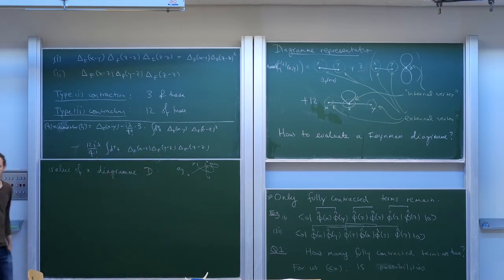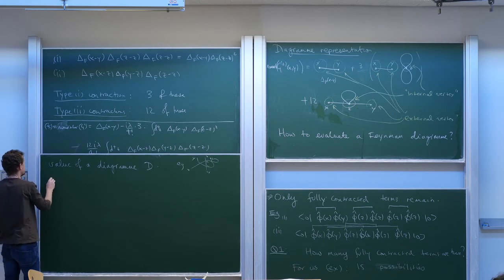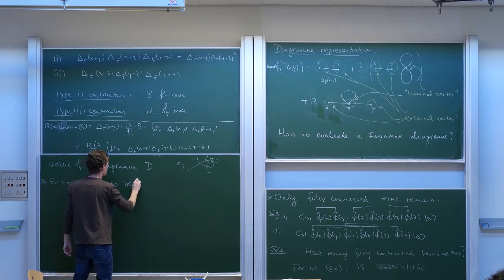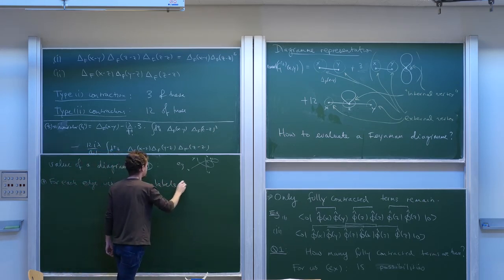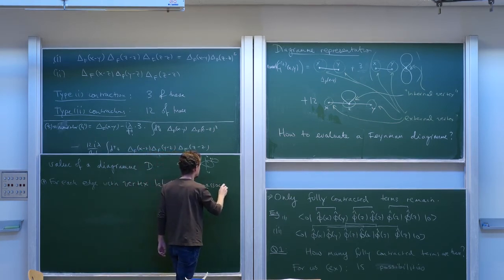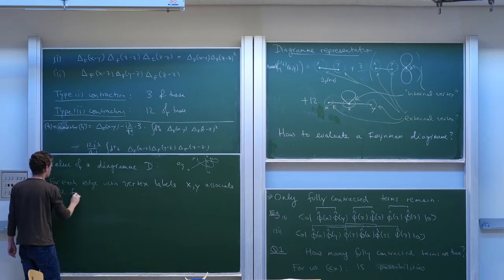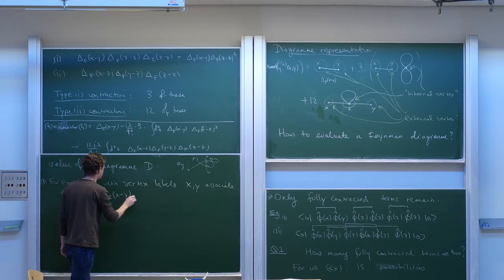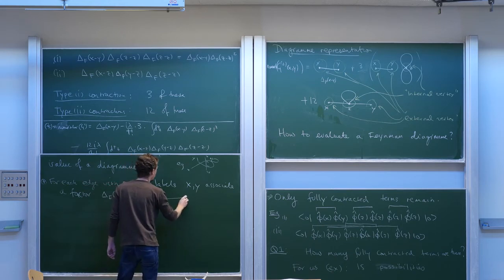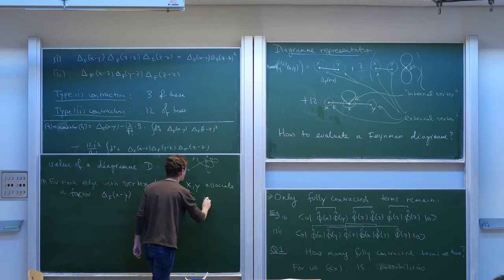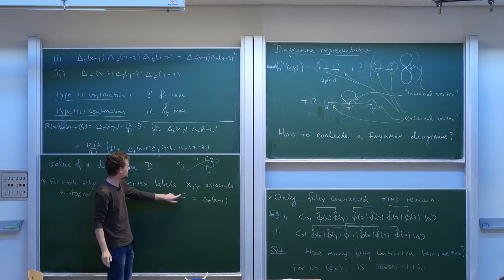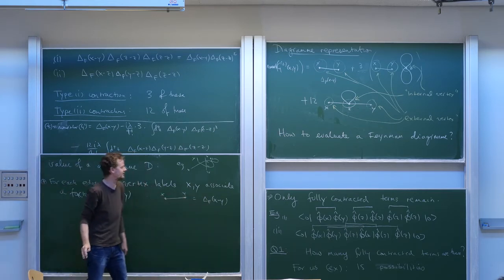Okay, I'm going to write down the value of this diagram in a second. The first step of the rules is: whenever you see an edge with vertex labels x and y, you associate a factor delta f x minus y.